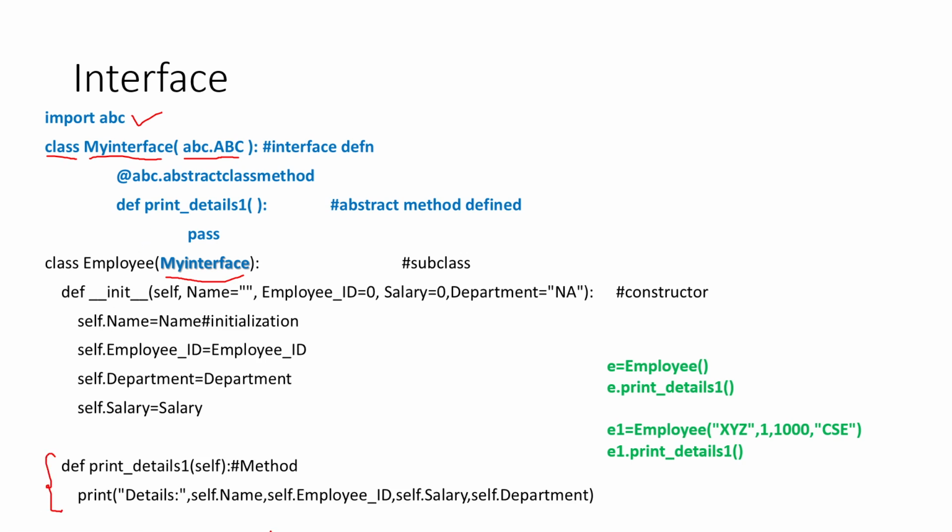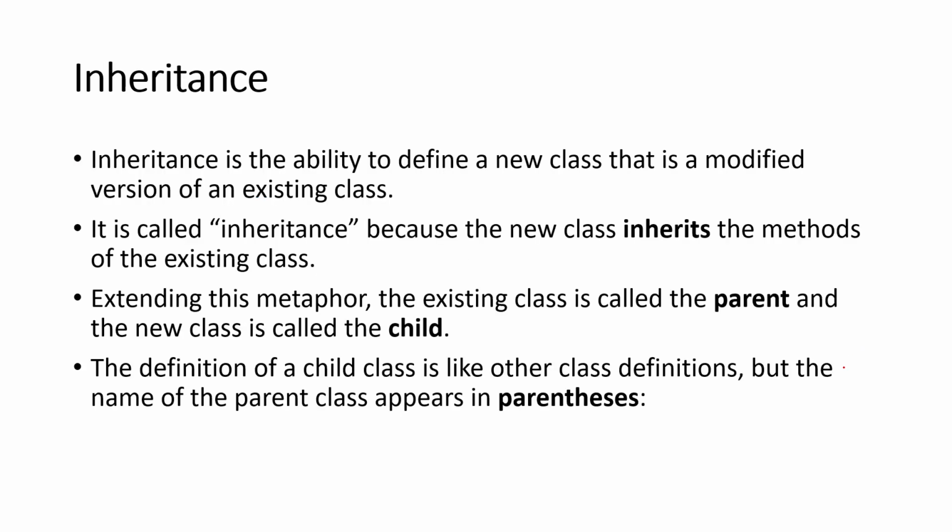Here it is abstract, here it is concrete. The purpose is the same. If this method is not given, this gives an error, because in the declaration you can see the class is implementing the interface, but the abstract method is not defined, so it gives an error. Rest of the things are the same. The calling process, everything is the same.